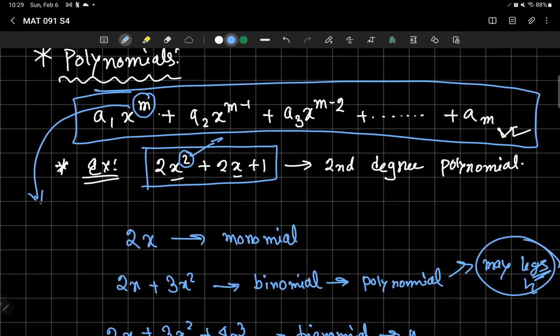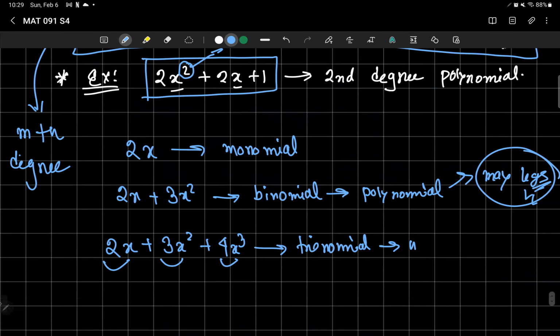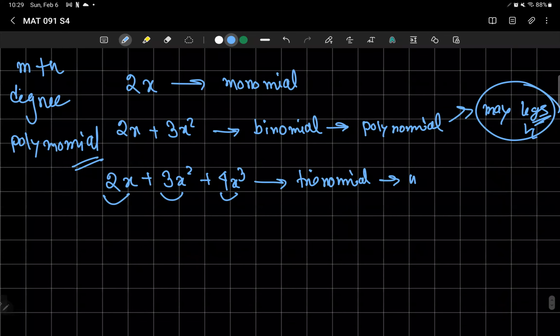So this will be an mth degree polynomial. You can have an expression like 20x to the power 100 plus 2x. This is in fact a 100th degree polynomial.